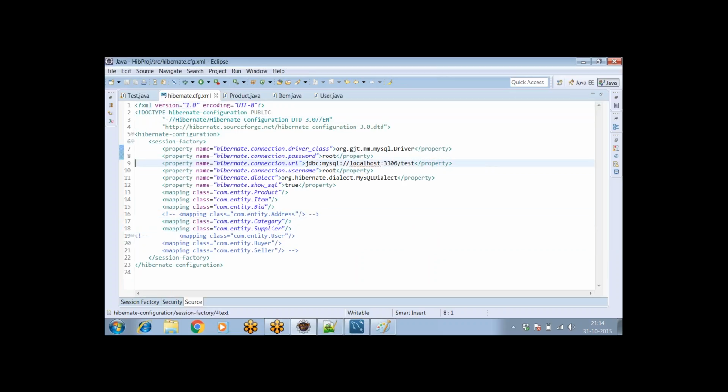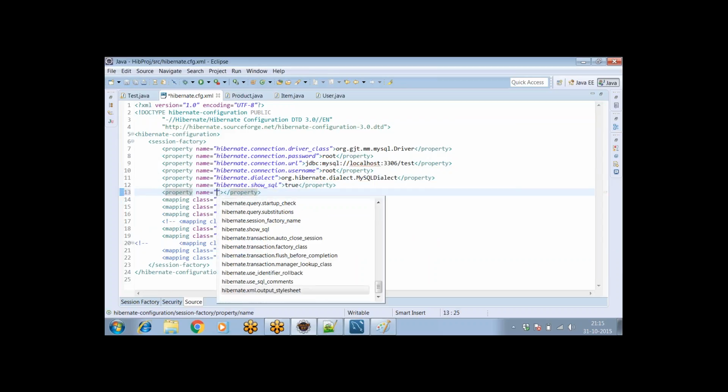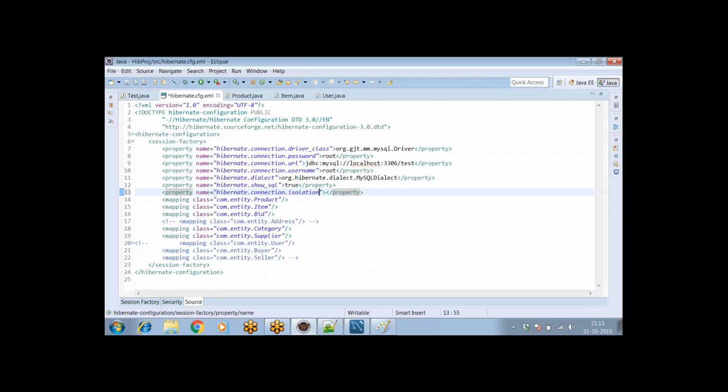If you want to set that isolation level, you need to use a property: hibernate.connection.isolation.